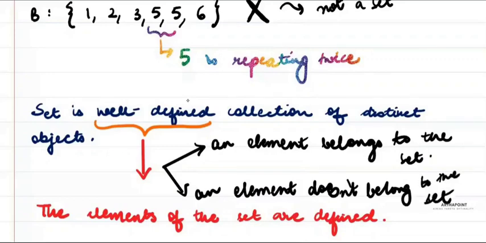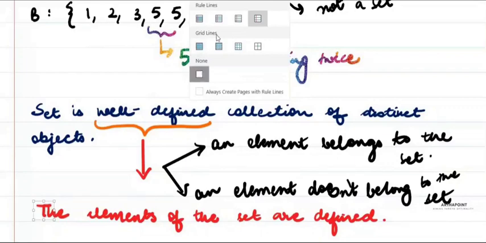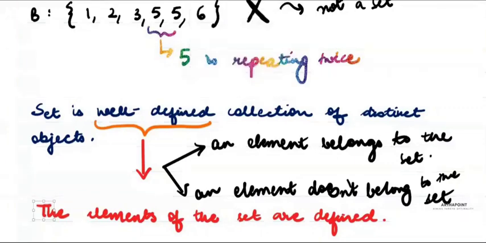In that sense, my set is completely defined. Either I will have the element defined in the set, or I will not have the element in the set. You cannot have both at the same time, and you cannot have neither also.